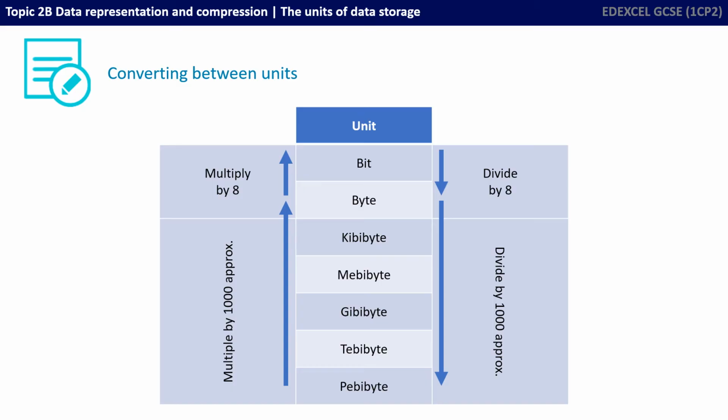So to go from a gibibyte to a mebibyte, we would multiply by 1,000. To go from a gibibyte to a kibibyte, we would multiply by 1,000 and then 1,000 again. Likewise in the other direction, if we were going from a gibibyte to a tebibyte, we'd be dividing by 1,000.